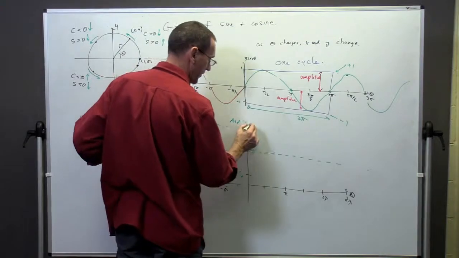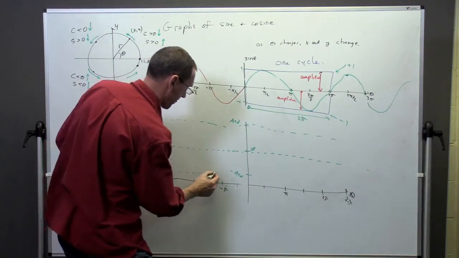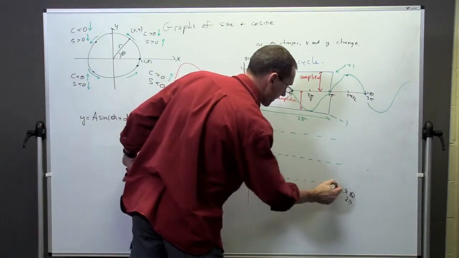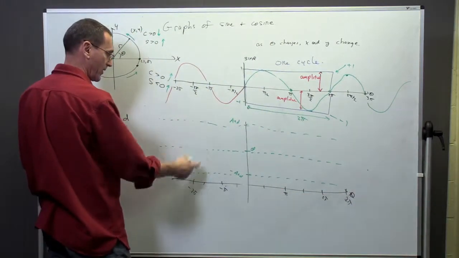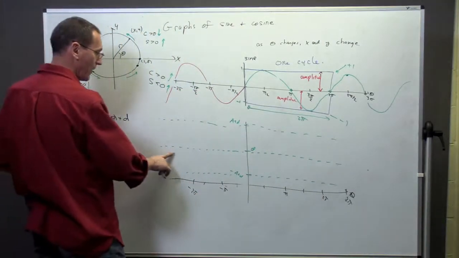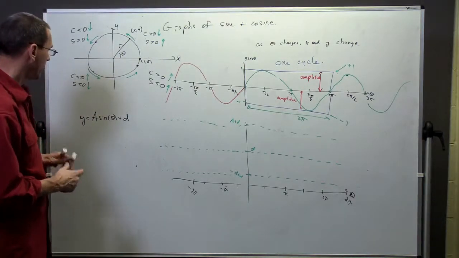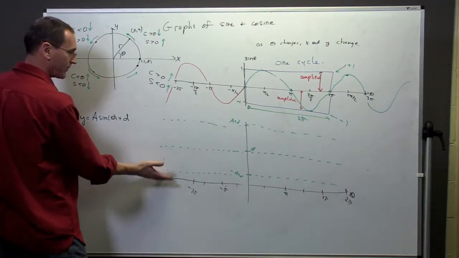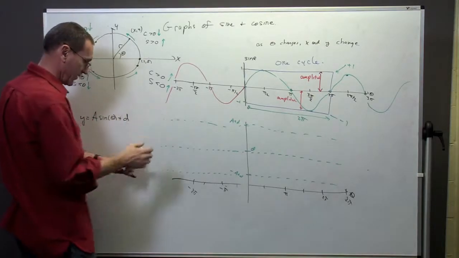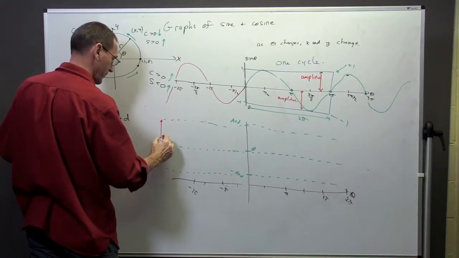So this new function I'm defining has to oscillate between here and here. Everything's going to be between here and here, and it's going to wobble around this y equals d line. Okay? So this is going to shift it, and this is going to stretch it. And again, we're going to call this distance here the amplitude.